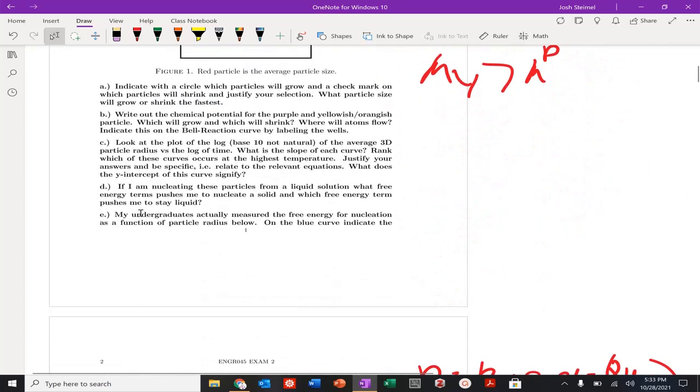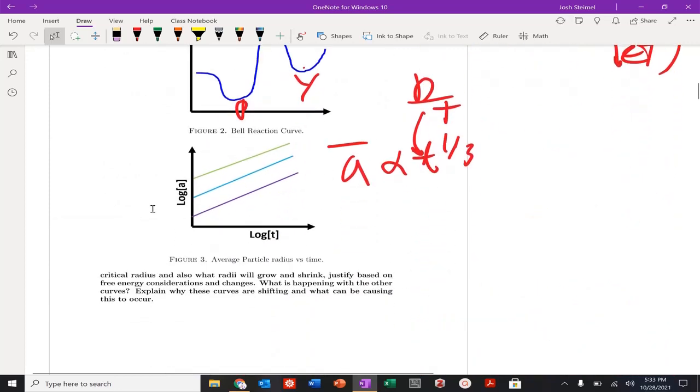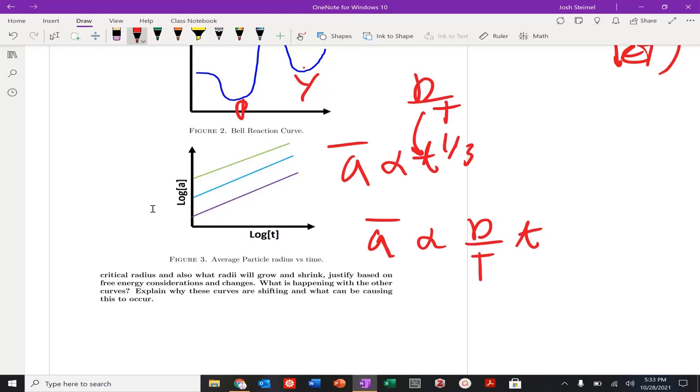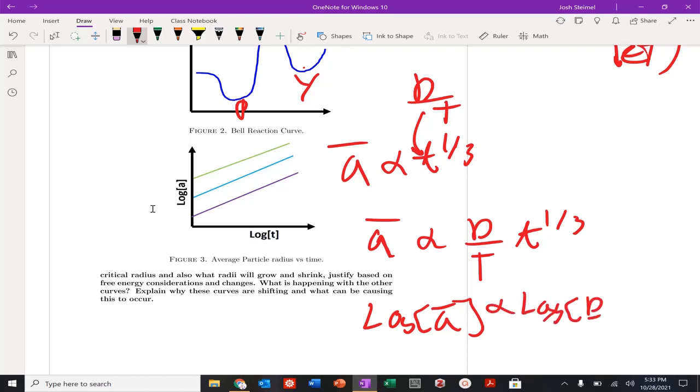So what is the question actually asking me to do? We found the slope, it's 1/3, because if A bar is proportional to D over T times t to the 1/3, then the log of A bar is proportional to log of D over T plus 1/3 log of time.